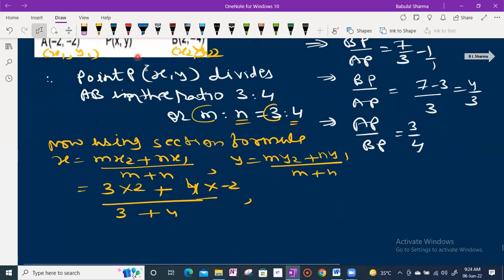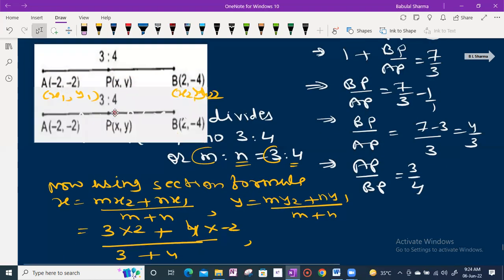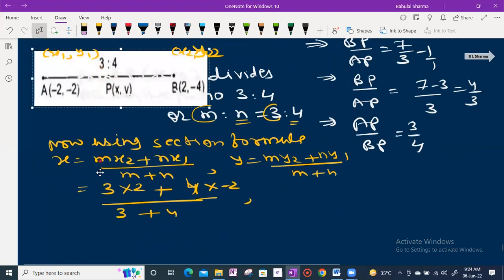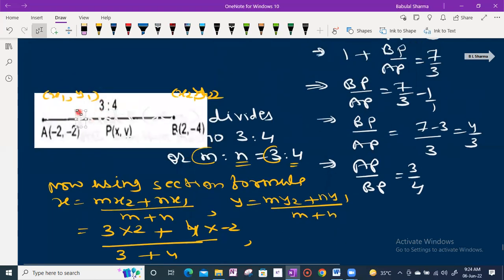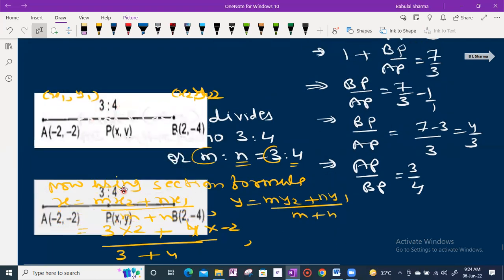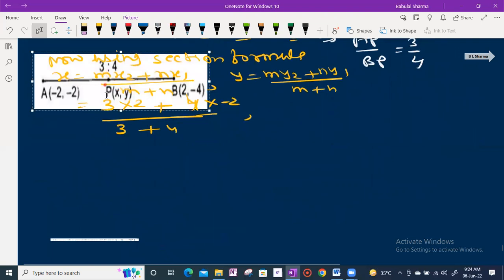On simplification, we can simplify here.